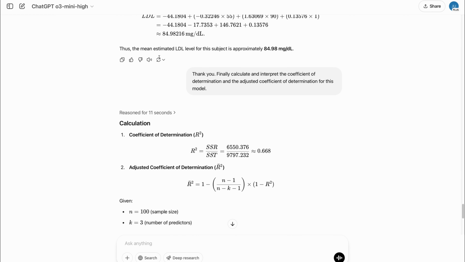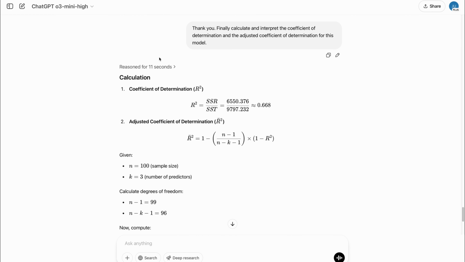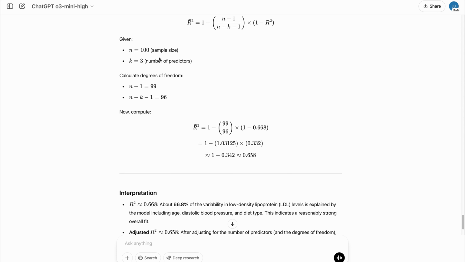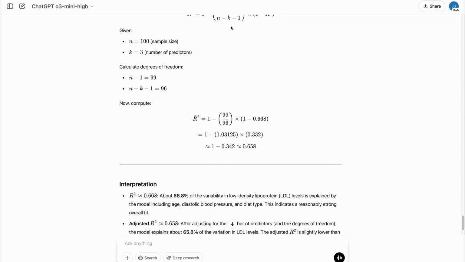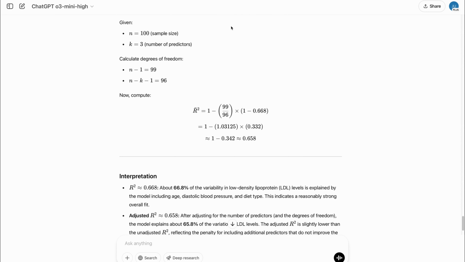And then finally, the coefficient of determination, also SSR divided by SST. And we also see the adjusted R squared there. It's exactly the same solution as we come to. Remember, the K that ChatGPT uses is not the same K that we use, but the results are exactly the same, 0.658.